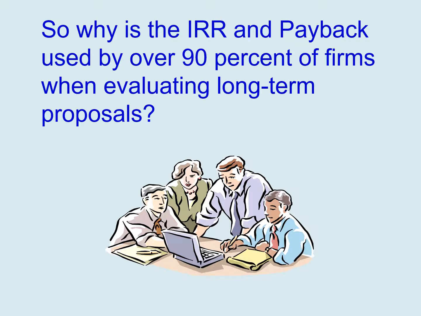And you can find lots of different answers, I think, for this question. What I seem to run into over and over again as I've talked to people in corporations is that if you think about it, the capital budgeting process generally involves people from all over the firm, meaning people from outside the accounting and finance area.